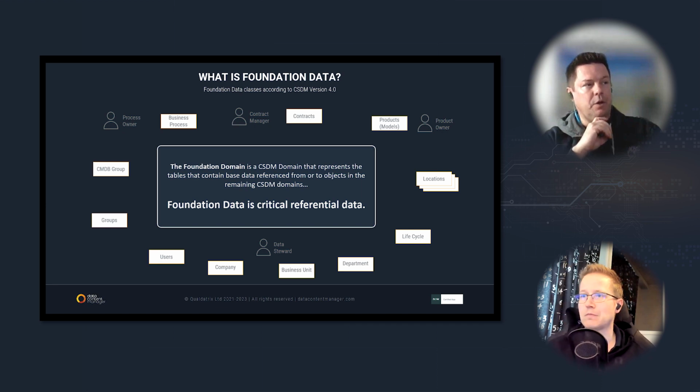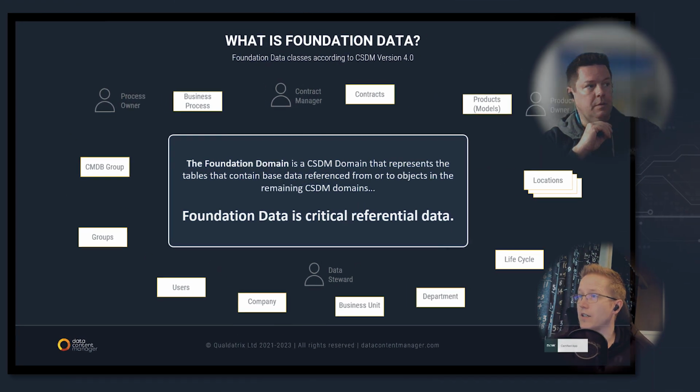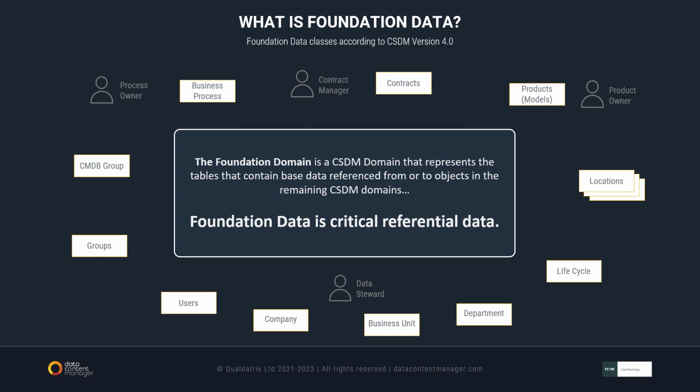Okay, so now that everybody is talking about CSDM, how do these things relate? Well, in CSDM, as you saw on the slides, they have now included foundation data, and it's considered as one of the domains. So foundation data is one of the CSDM domains, and it represents the critical referential data in CSDM.